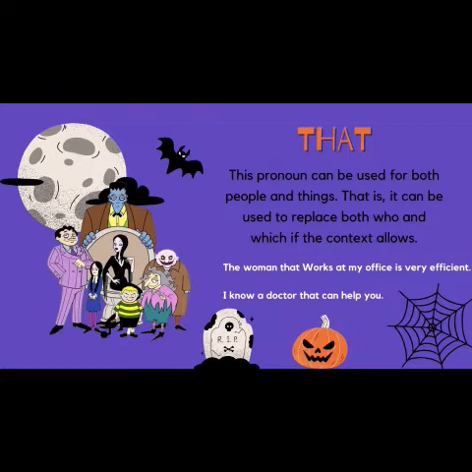The woman that works at the office is very efficient. Here we're talking about a woman, a person, and we can use the pronoun that. The next sentence is, I know a doctor that can help you. Again, we're talking about a doctor, a person, and it's okay to use the pronoun that.